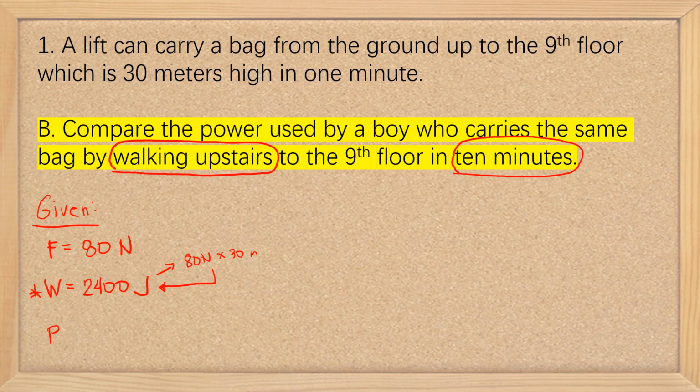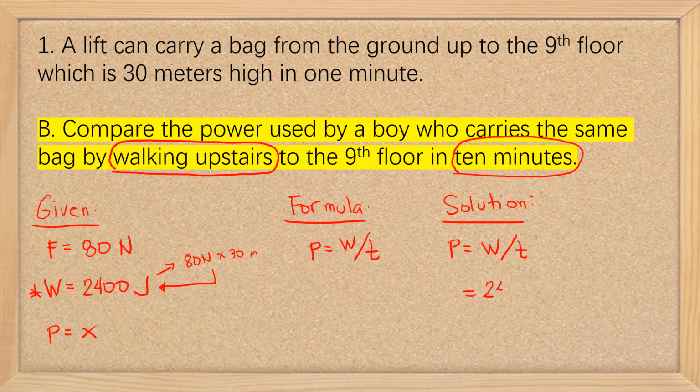So we will be using this work. However, for the power, we don't know yet the answer. For our formula here, we are going to use power is equal to work divided by time.